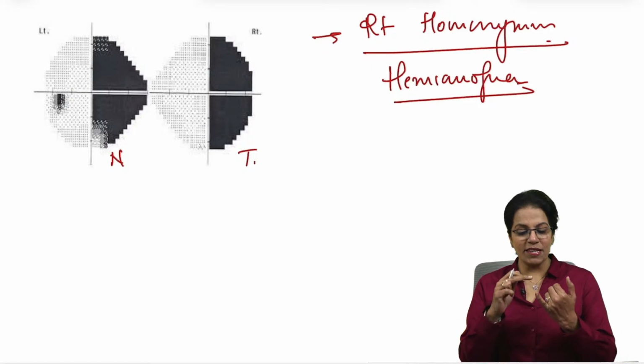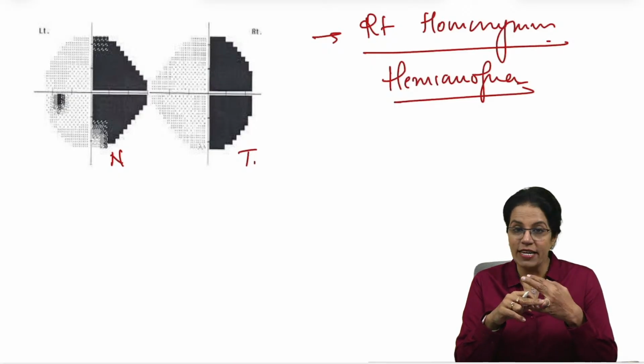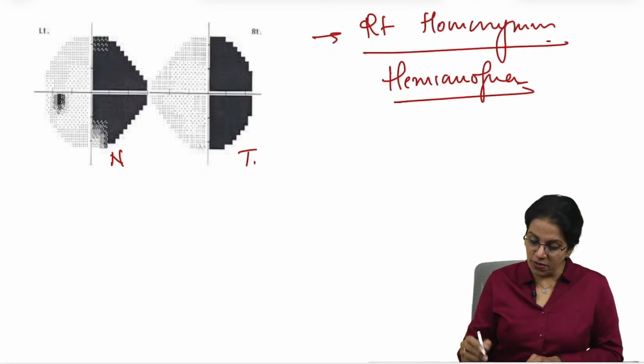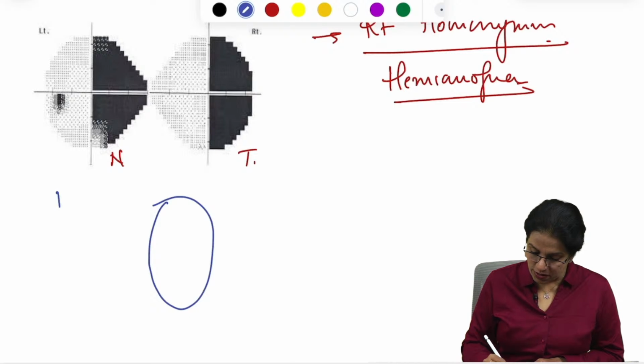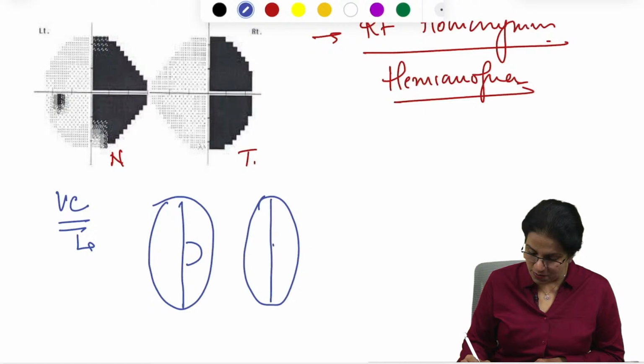Now, homonymous hemianopia can be caused by a tract lesion, a lesion of the optic radiation in the posterior part, or a cortical lesion. If I talk about a visual cortex lesion, then you have to talk about macula-sparing homonymous hemianopia, where the macula is spared, mainly due to blockage of the posterior cerebral artery.